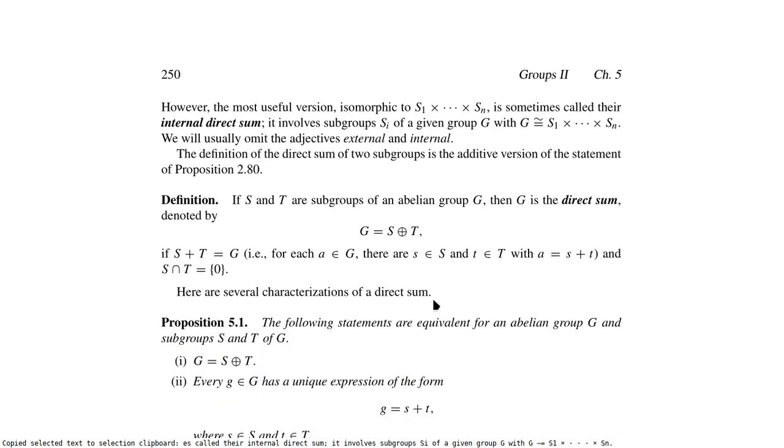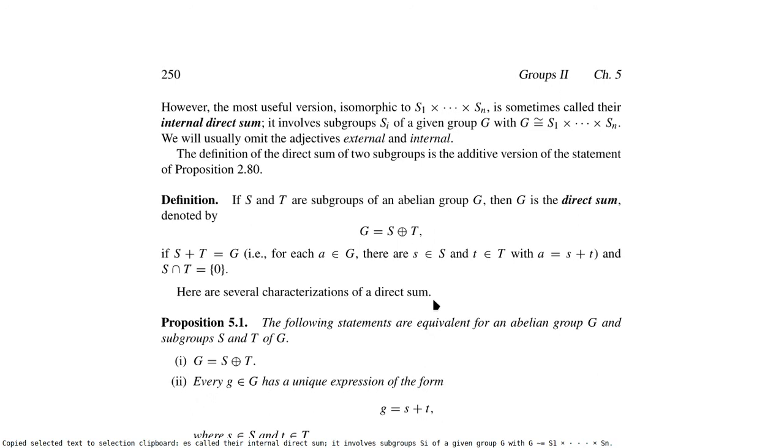Okay, so the definition of a direct sum is this. You have G equals S ⊕ T. You can write G as the direct sum of two subgroups S and T if S + T equals G. That is, if you add every element from S with every element of T, you get an element of G. So every element in G can be written as a sum of two elements, one from S and one from T. That's one condition, and the other condition is that the only thing common between the summands S and T is 0.